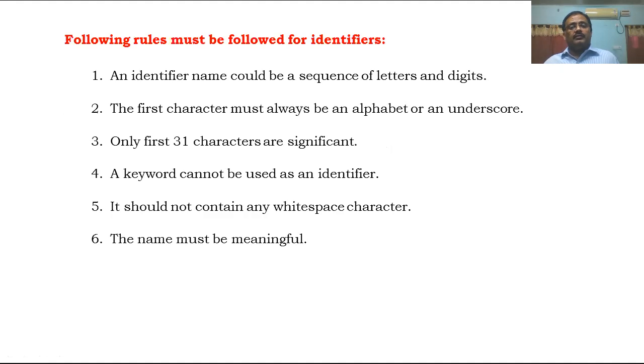And the rules to be followed for identifiers. Of course, when we want to give names to the identifiers, an identifier name could be a sequence of letters and digits. Sum1, sum2, average50, total3.